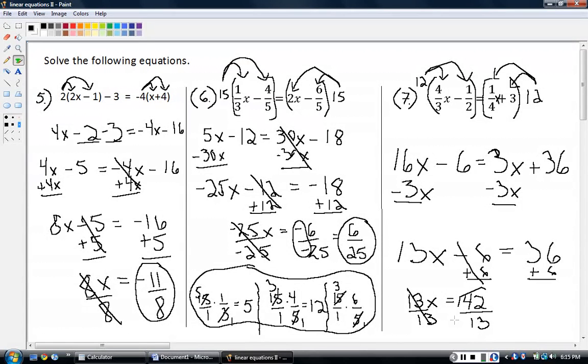Okay, and I look to reduce this if I can. I don't think that's going to reduce. Nothing I know of goes into 42 and 13 evenly. Okay, so I'm done, but you got to practice. So do a bunch of those problems and keep practicing.